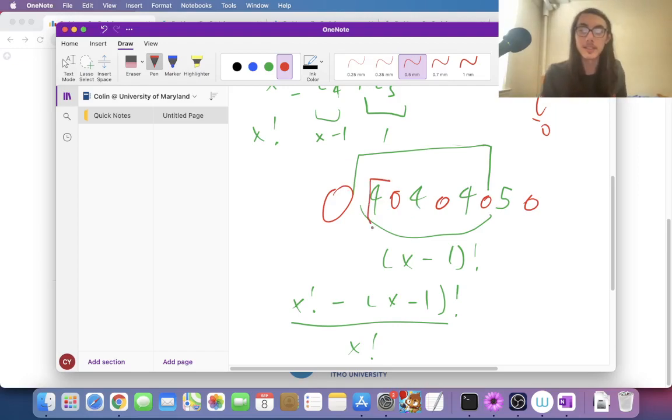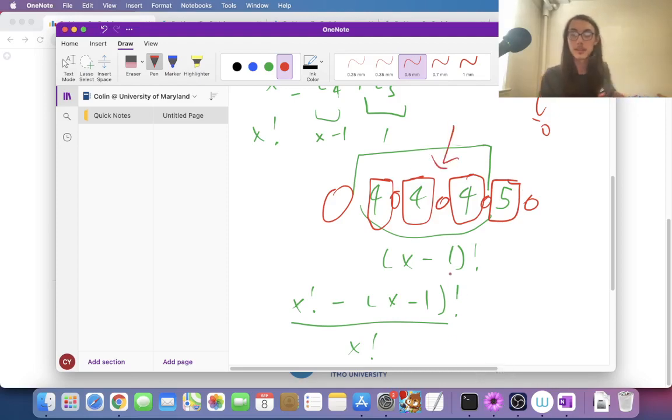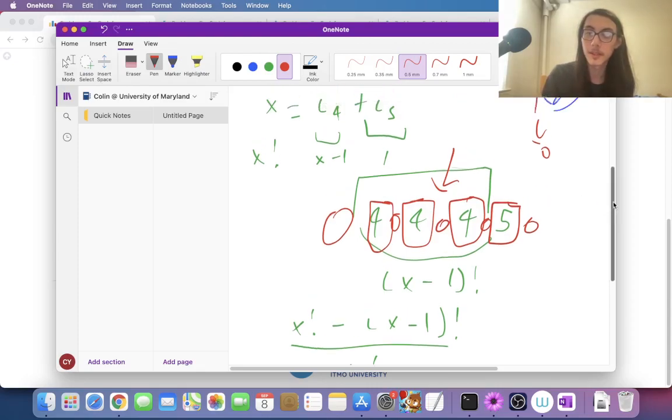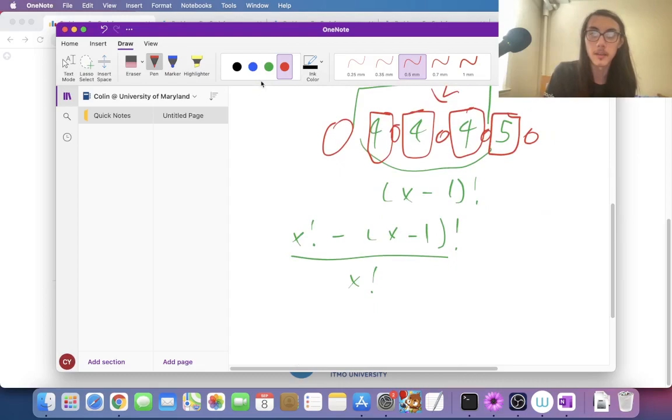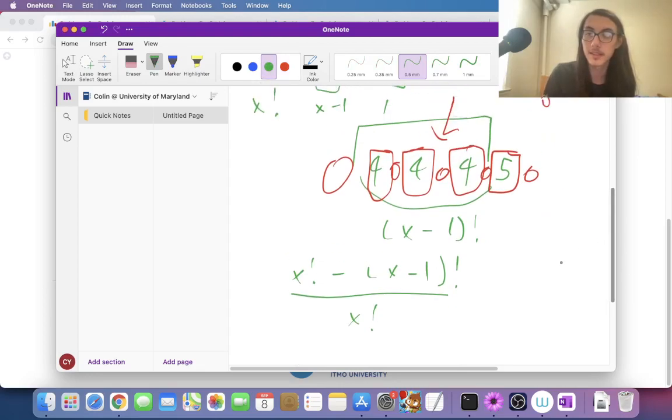What really matters is these numbers, and then we'll fill in the rest of the numbers after we make sure that these work. So this ratio sort of still stands. It's the number of permutations of these numbers times the number of ways to handle the rest of it. And the way to do that is, you can think of it as just putting the rest of the elements in, which is the number of ways to permute n minus x elements.